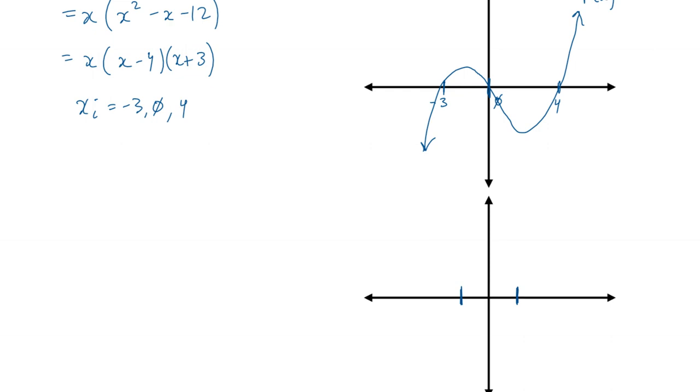Isha, you said the original function is increasing, so the derivative is positive. So I've got to be up here. Then I go negative because my function, look, is decreasing from here to here. Then it's increasing again.